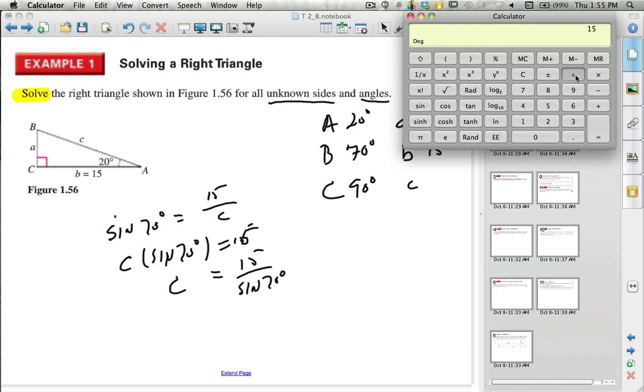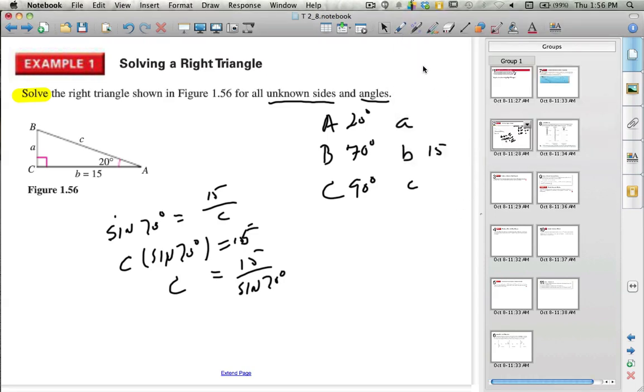I'm going to do 15 divided by 70 sine equals 15.96. Okay, so C is 15.96.